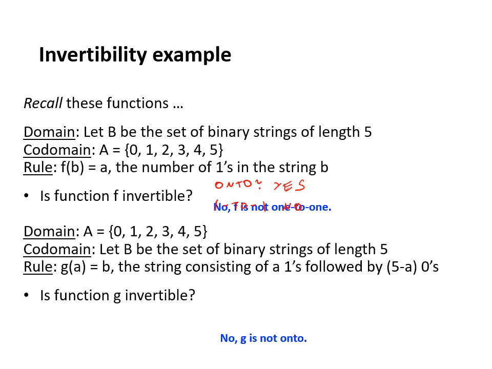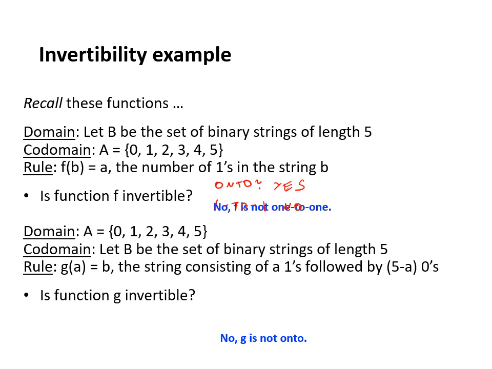And then another function, domain is 0, 1, 2, 3, 4, 5. B is the set of binary strings. And the rule is G of S equal to B, where B is the string consisting of A ones followed by 5 minus A zeros. Is this function invertible?